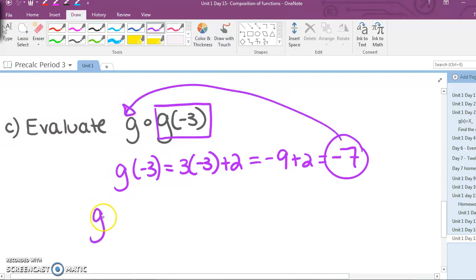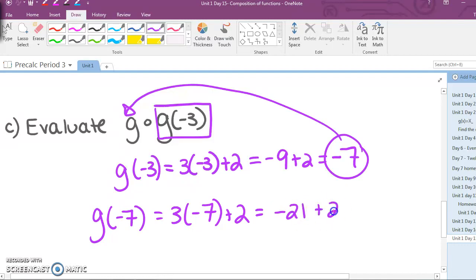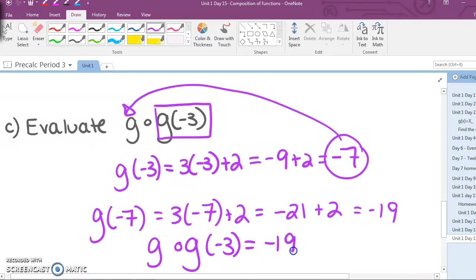So this time I'm going to do g of -7, which is 3 times -7 plus 2. 3 times -7 is -21, plus 2 gives me -19, so g of g of -3 equals -19. That's the last example we have for the evaluating piece.